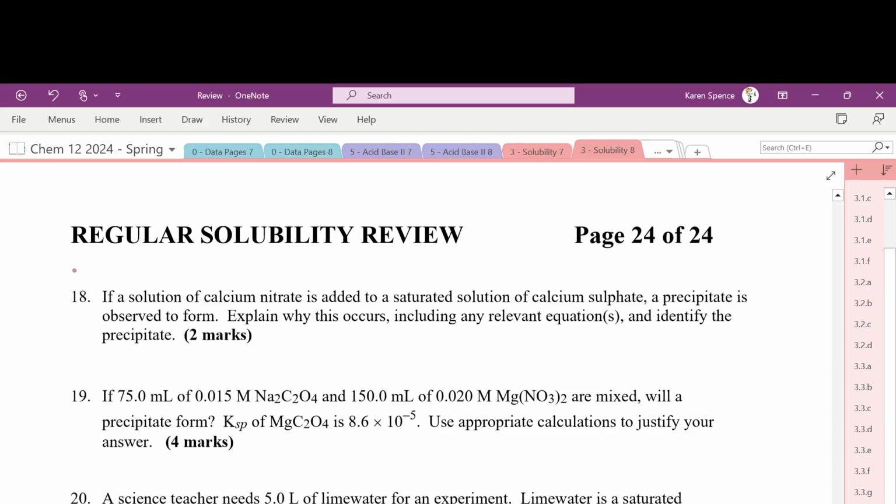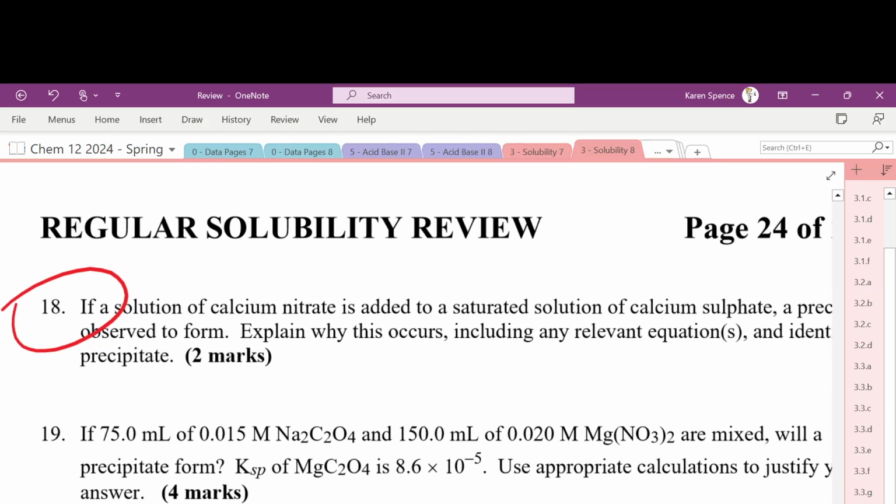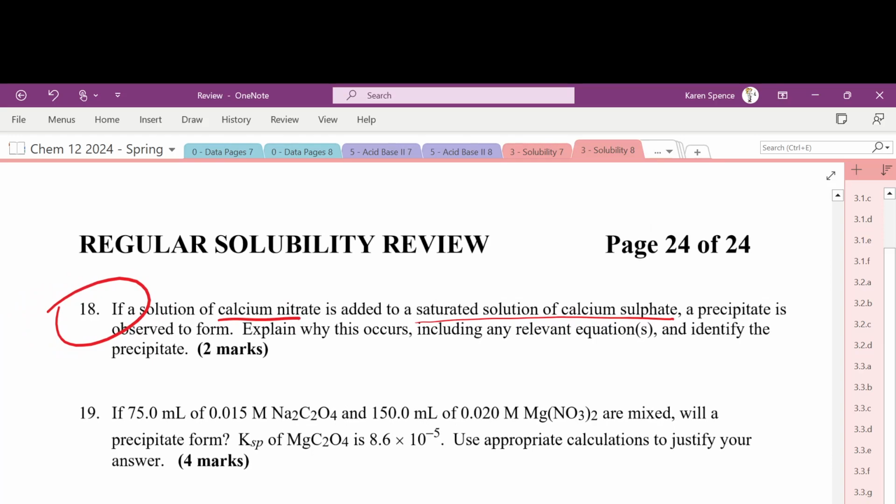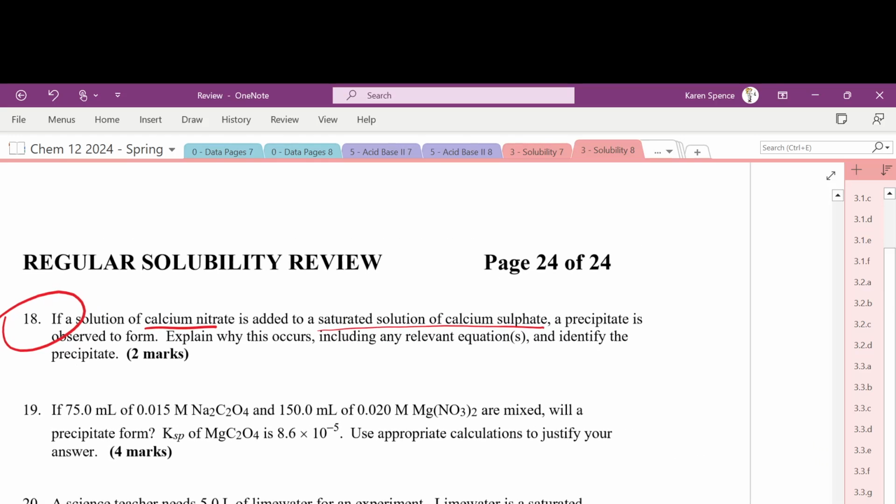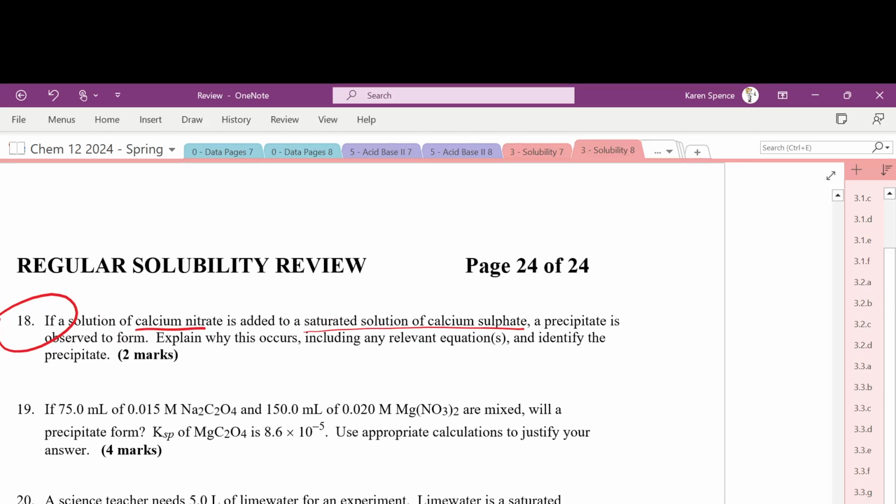18 written. If a solution of calcium nitrate is added to a saturated solution of calcium sulfate, a precipitate is observed to form. Explain why this occurs, including any relevant equations, and identify the precipitate. Okay, so we have a saturated solution of calcium sulfate.